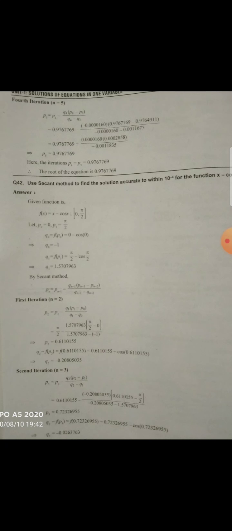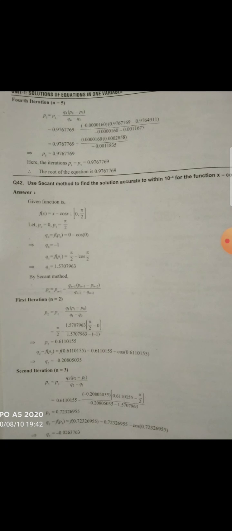After simplifying, we get the value P2 is equal to 0.6110155.